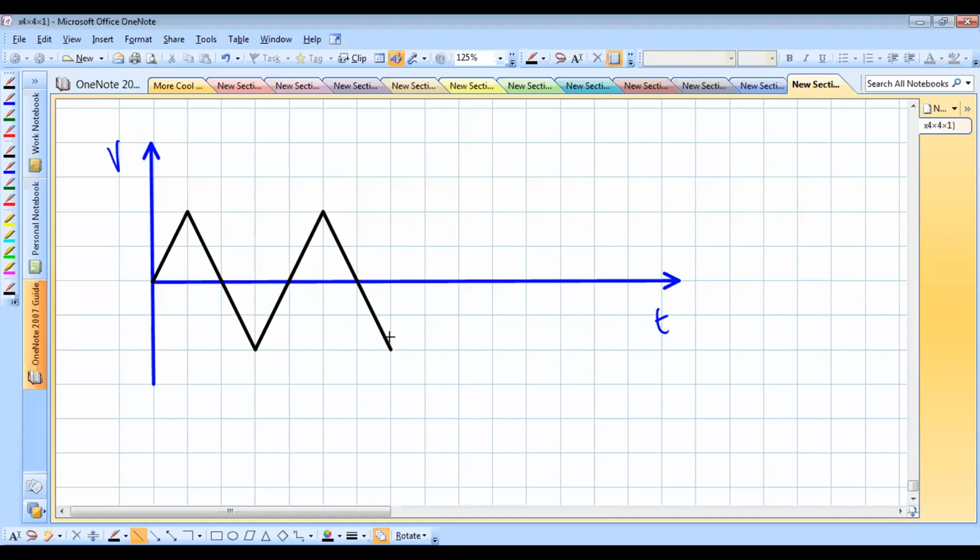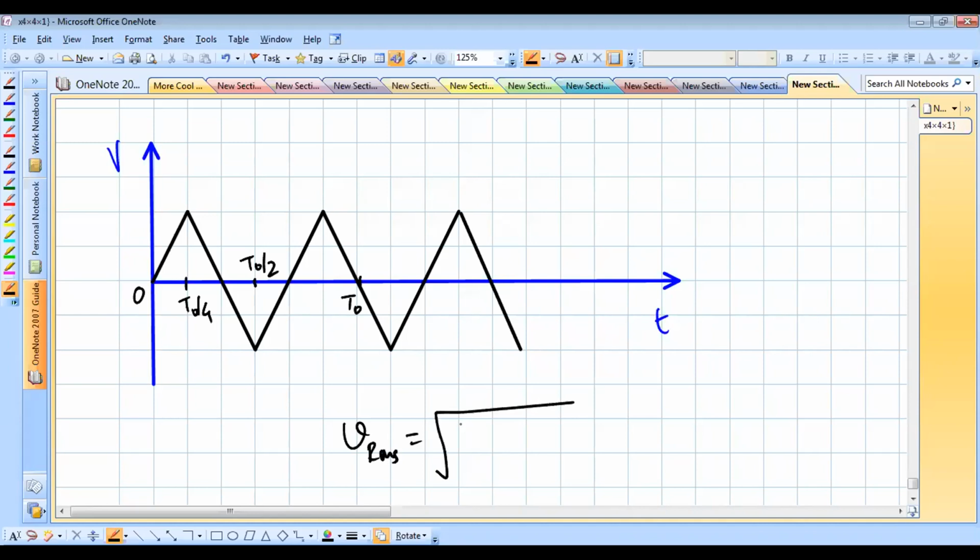So this is the general pattern, where you can see that one cycle in terms of time, this is the completion of one cycle. So this is the completion of half a cycle, and this is the completion of quarter cycle. So we have to find V_RMS.